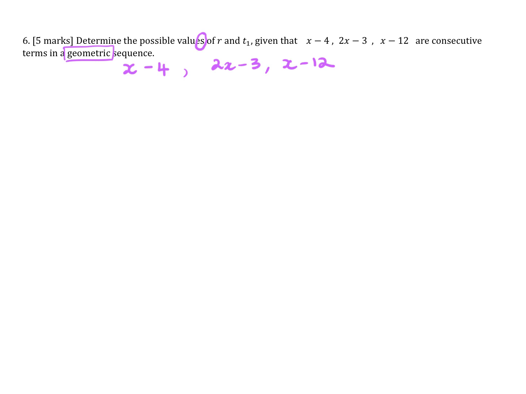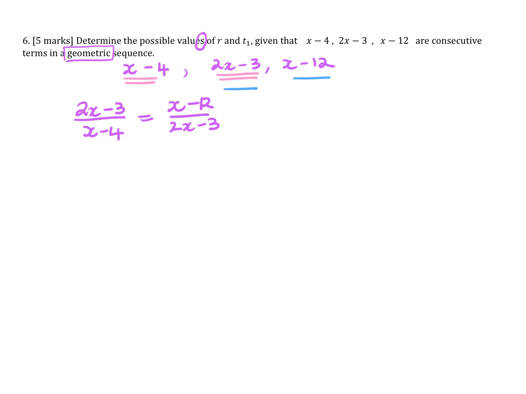Because it's a geometric sequence, we have this one divided by this one is equal to this one divided by this one. So let's just write that down. We've got 2x minus 3 over x minus 4 is equal to x minus 12 over 2x minus 3.